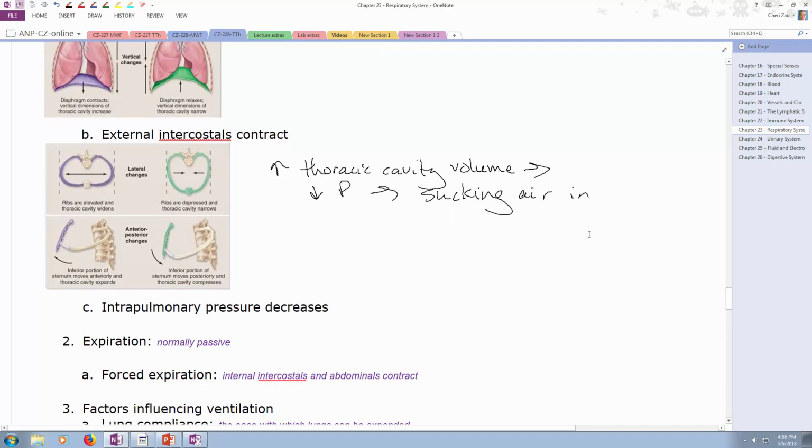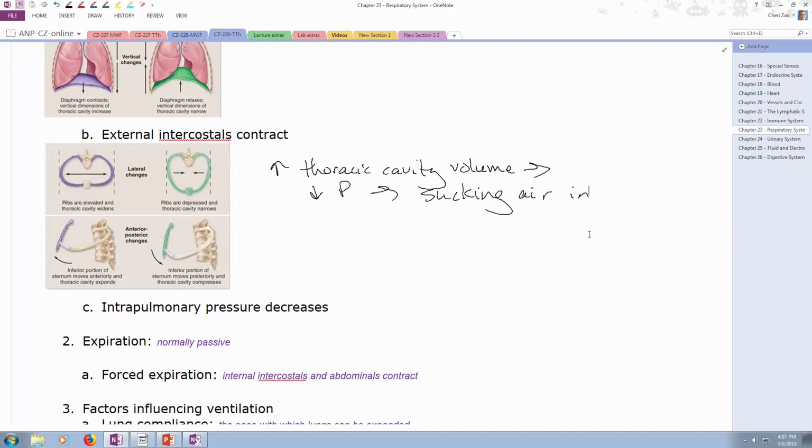So indeed, intrapulmonary pressure will decrease. And what's important for you to realize is that the lungs are suspended in this cavity, so anything the cavity experiences, the lungs will also experience.